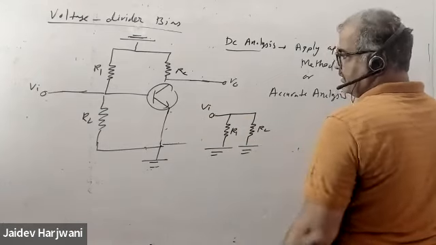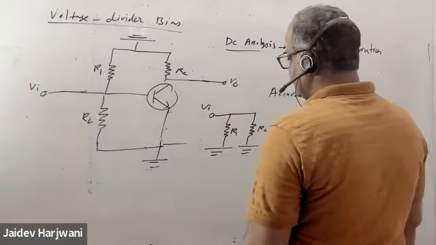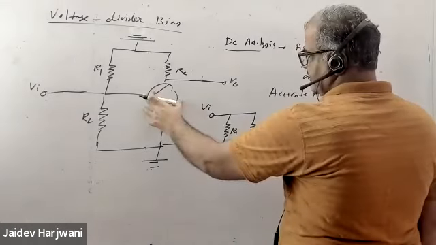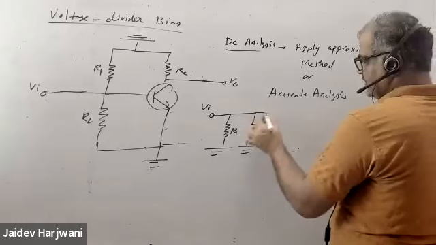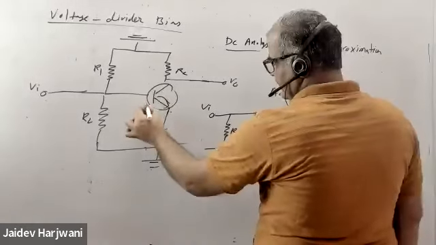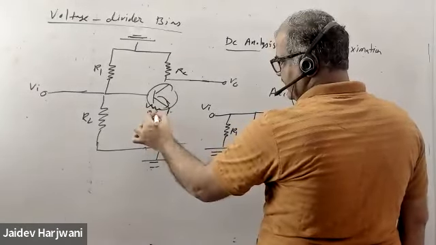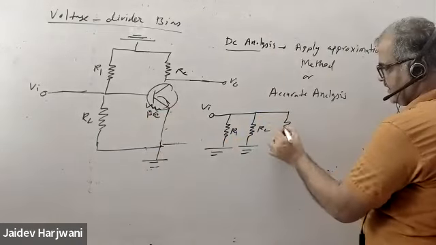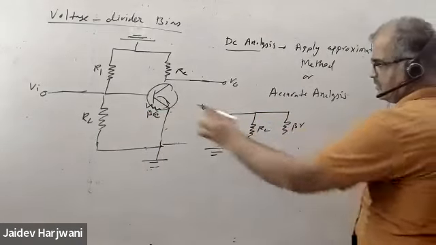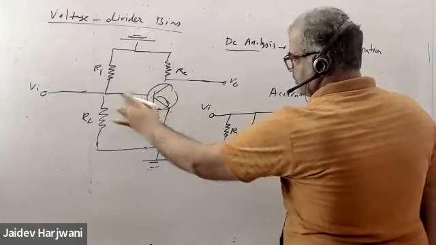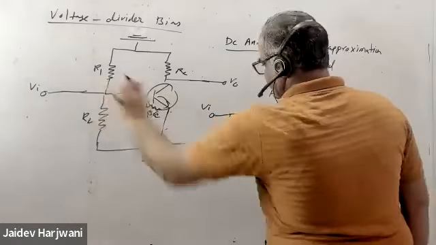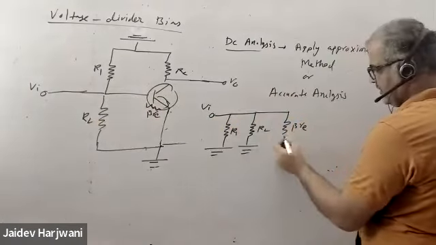Any question is there? And then again you have to put the transistor equivalent circuit. The transistor will be replaced by resistance beta RE. So this is your beta RE. This connection, these two connections, and you have beta RE.